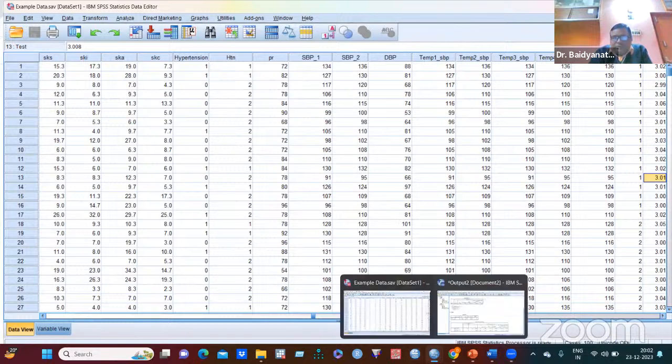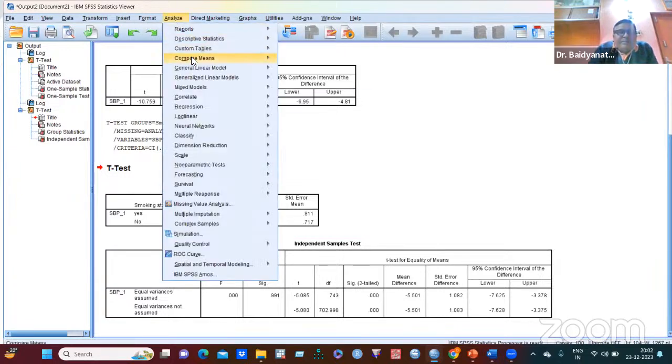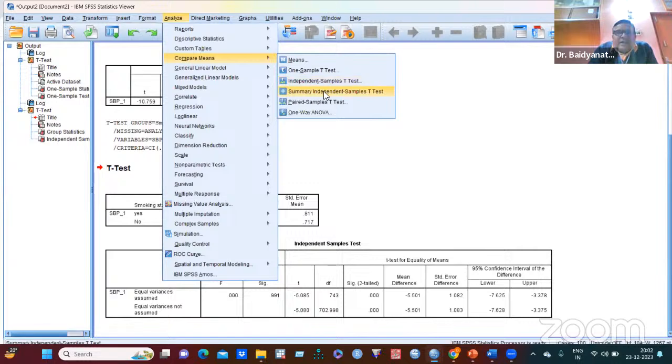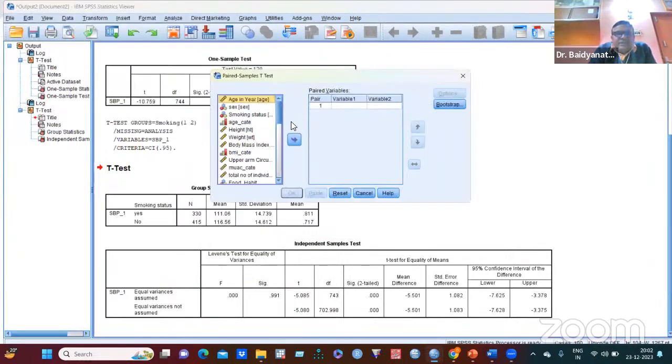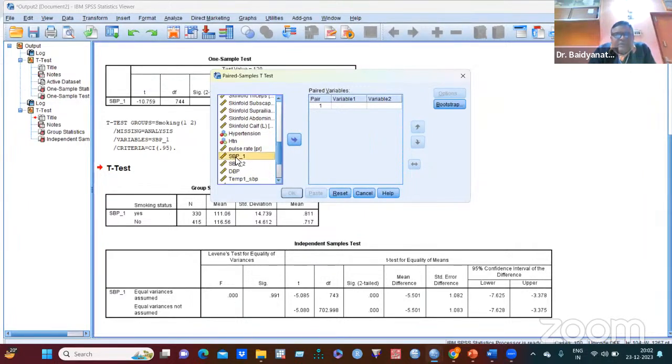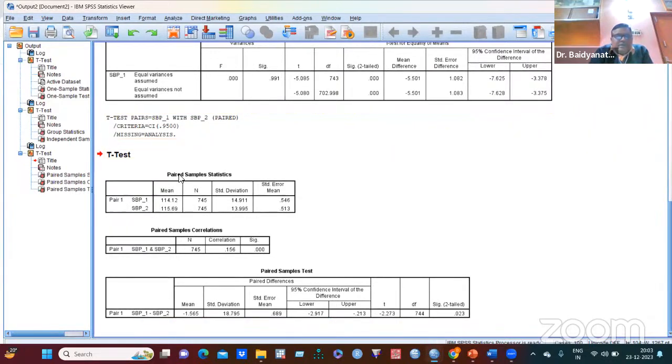So now we can apply the paired t-test, analyze, compare means, paired t-test. So I put here first SBP1 and second SBP2. Then okay. So check here.